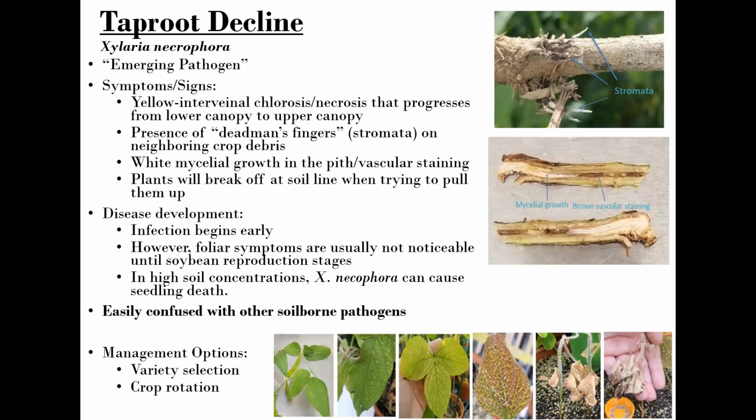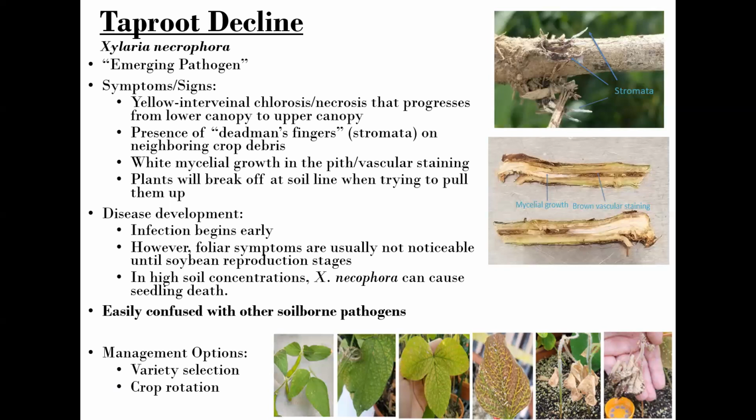I wanted to save this fungal soil-borne pathogen for the last fungal soil-borne pathogen in this set because I wanted you to be aware of the signs and symptoms of other common soybean pathogens in comparison to this one, because this pathogen can be easily confused with other soil-borne pathogens due to its symptom similarity.